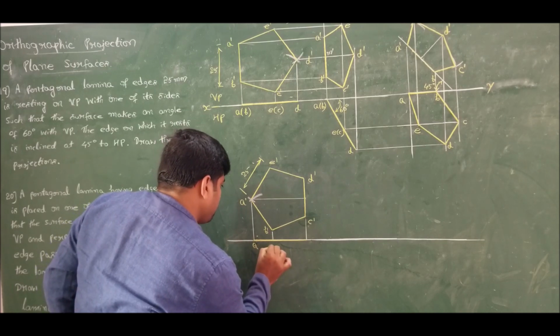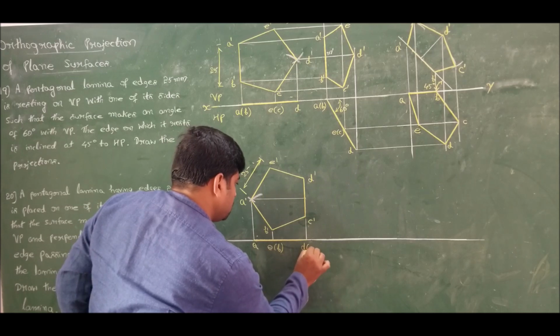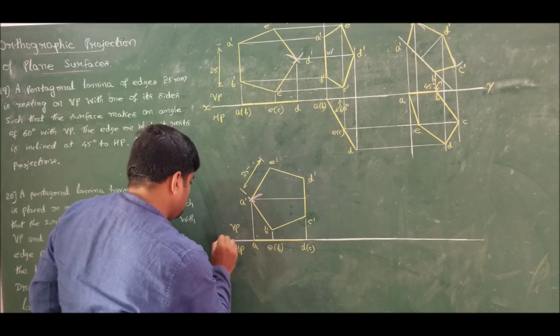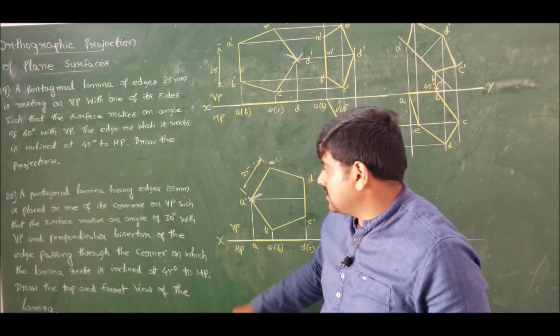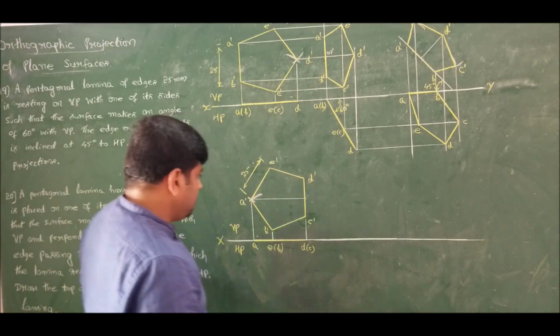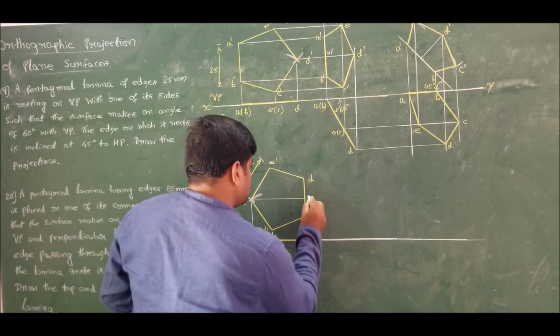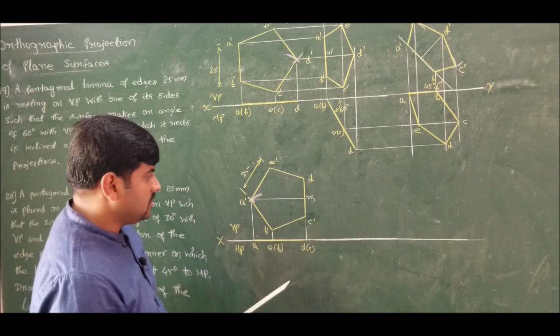This is A, E is visible, B is not visible, D is visible, C is not visible. This is VP, HP and X. So the laminae itself makes an angle of 30 degrees with VP, right? So this itself is nothing but the perpendicular bisector, correct? So let us call this M1 because it is in first position.